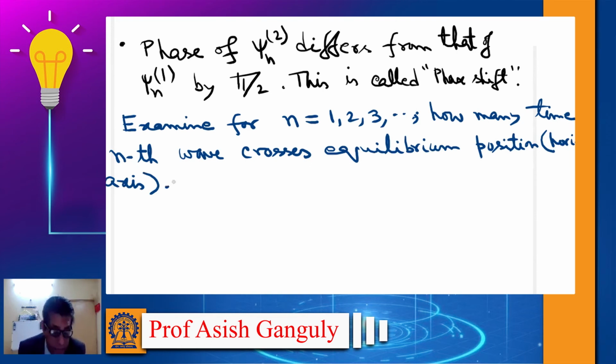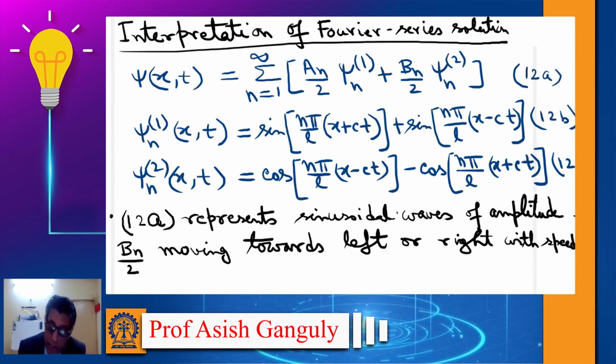Now if you look into psi n1, let me go back to the previous page. Psi n1 is sine plus sine. When it will be 0, because it crosses the horizontal axis, at that point it is 0.